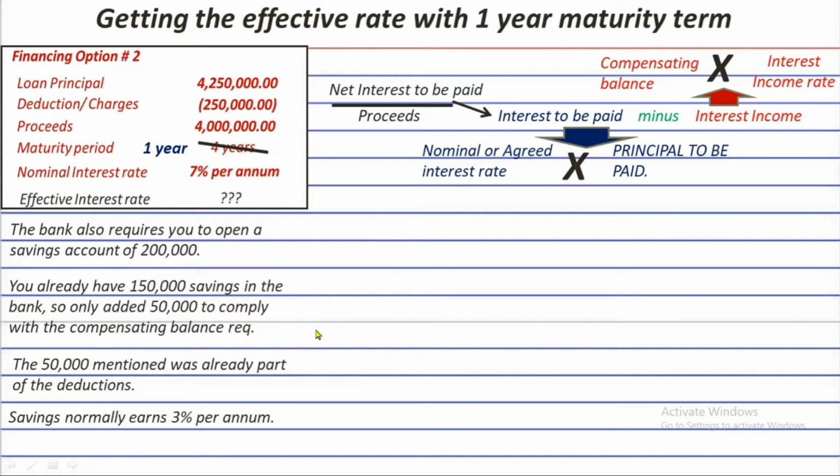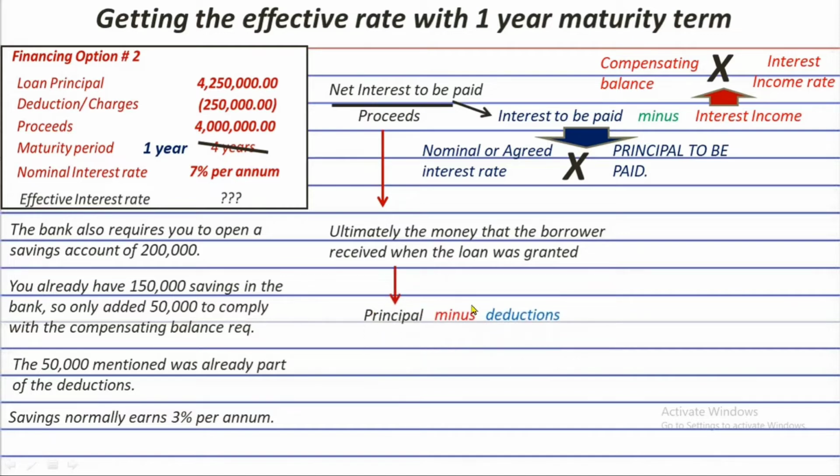Okay? For now, let's break the denominator down, or these proceeds. So proceeds is ultimately the money that the borrower received when the loan was granted. And if we break this down, this is just principal minus deductions. And what are these deductions? Again, it can be service charges.